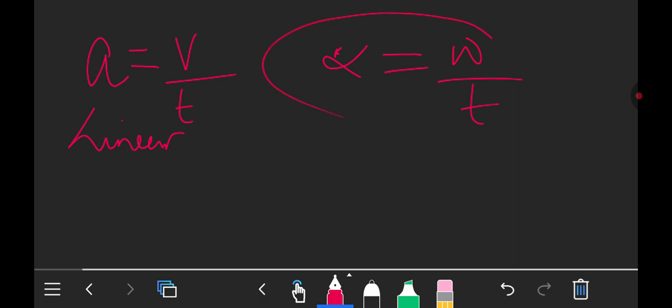So this is the equation when you're dealing with angular velocity, and this one when you're dealing with angular acceleration.